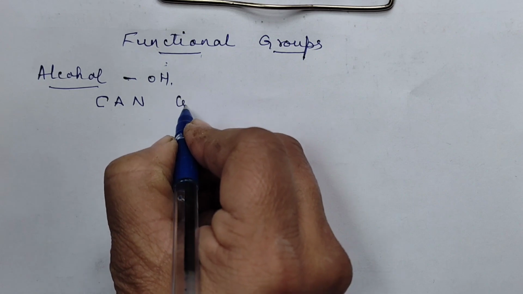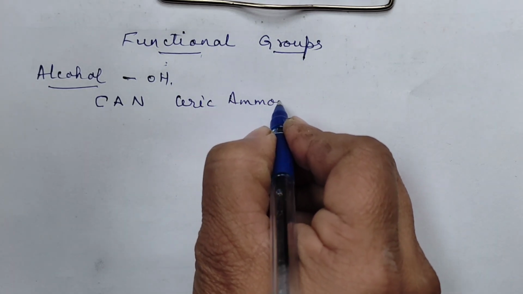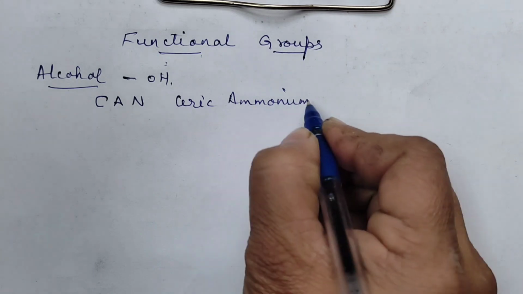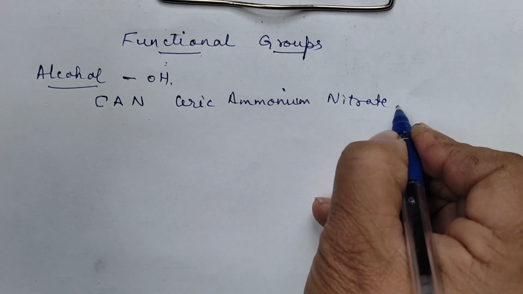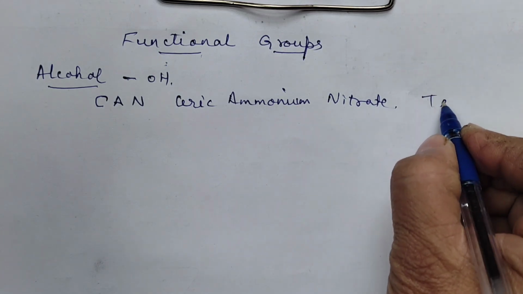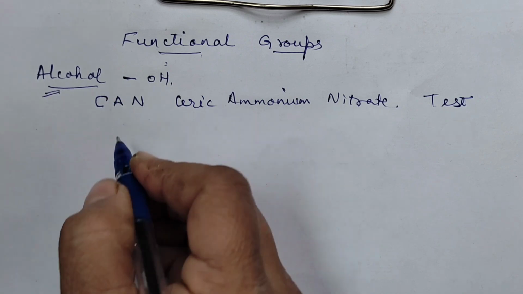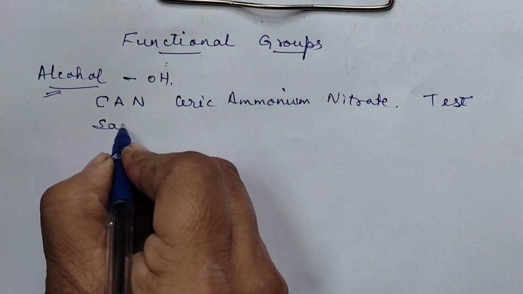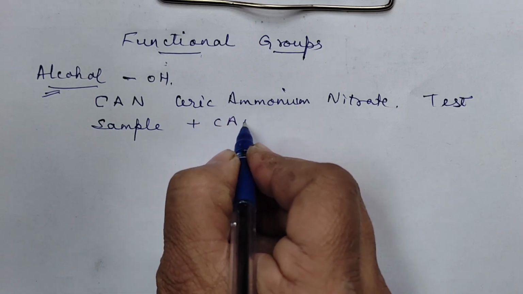That is the ceric ammonium nitrate test. CAN test we call it the ceric ammonium nitrate test. So what you will do is take the sample, that is alcohol, and to that you will add CAN.